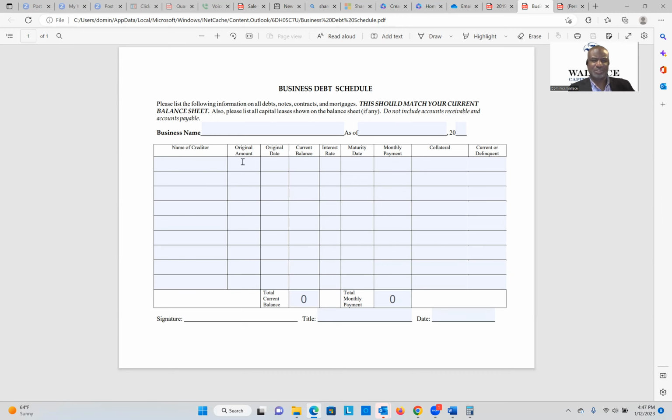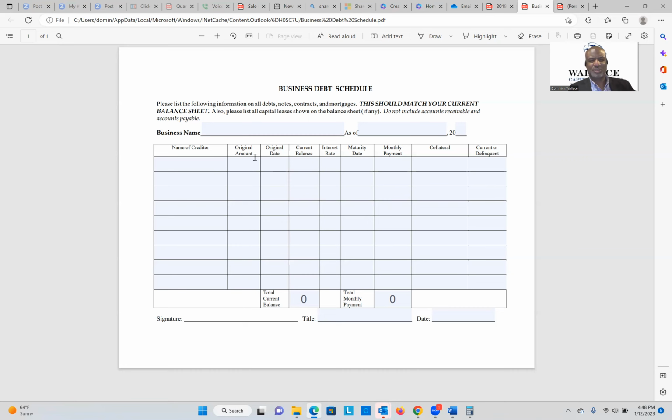The original amount of the loan or financing amount goes here. If it's a credit card, I would put the largest amount that you've taken out, or better yet, the total amount that you can actually charge on that business credit card.